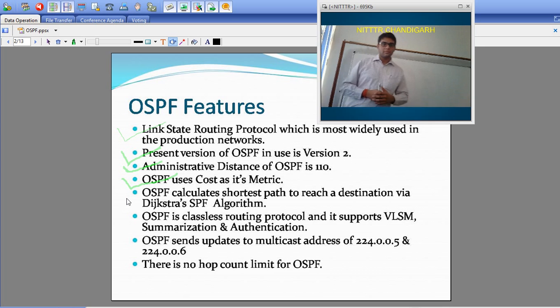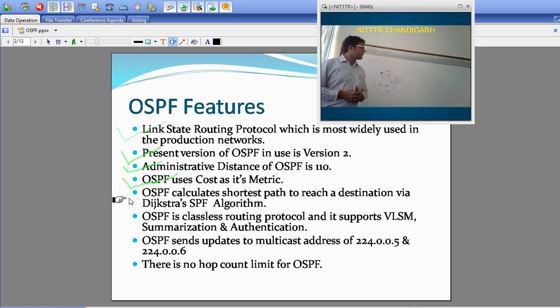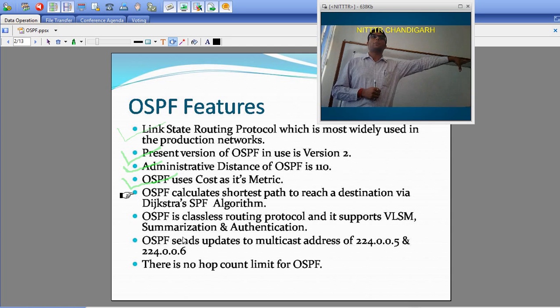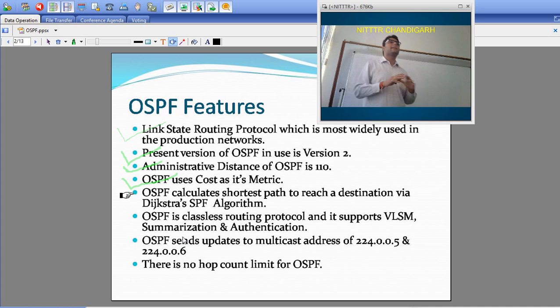All right. You studied RIP yesterday, where it was explained that RIP can reach a maximum of 15 routers, meaning 15 is the last hop and 16 is unreachable. But there is no practical hop count limit for OSPF. There is no limit. You can have n number of routers.